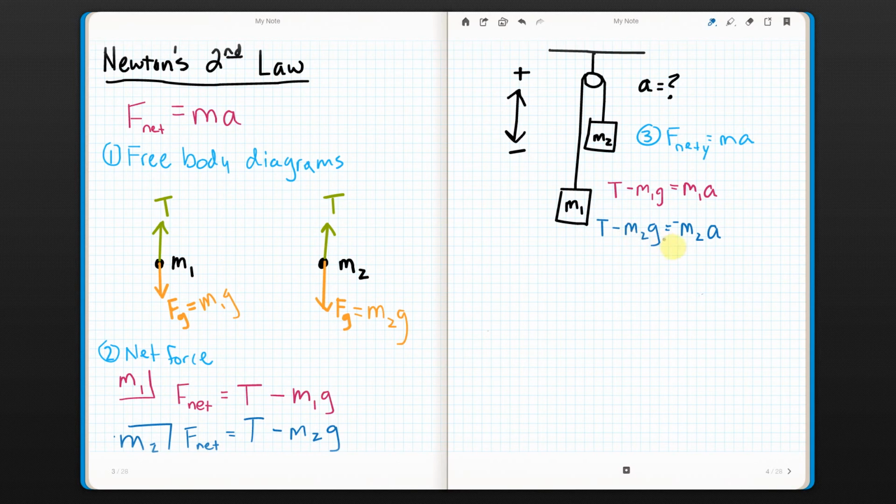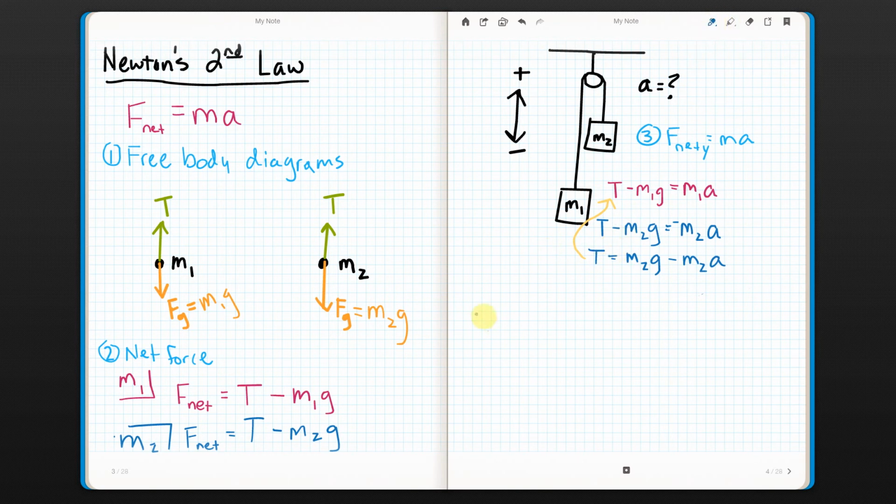So I'm going to add M2G to both sides. That gives me T equals, well, now I've got a positive M2G on the other side, and I'm left over with this negative M2A over here. Now that I know that, I can go and plug that T into the first equation right there. I'm going to color code it.